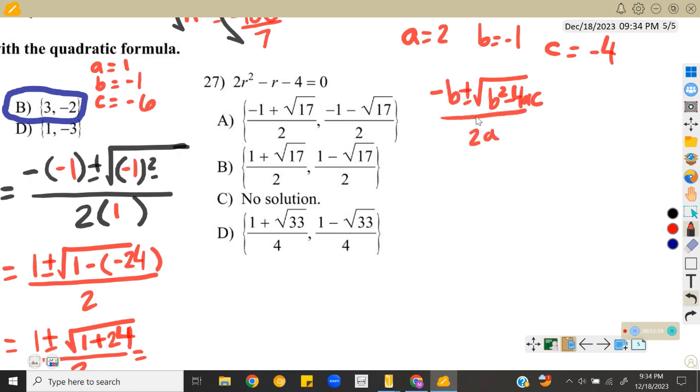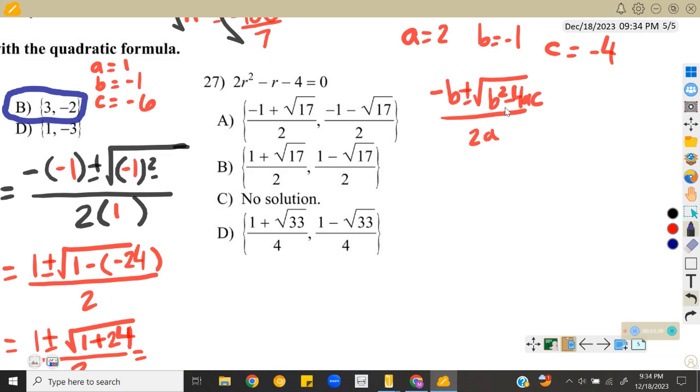All right, once upon a time when I told you this, you guys thought I was ridiculous for assuming that you would ever memorize this, but most of you, I think, have it down now. And this part underneath the square root is called what? This is called the discriminant, right? We use this for some purposes, right?